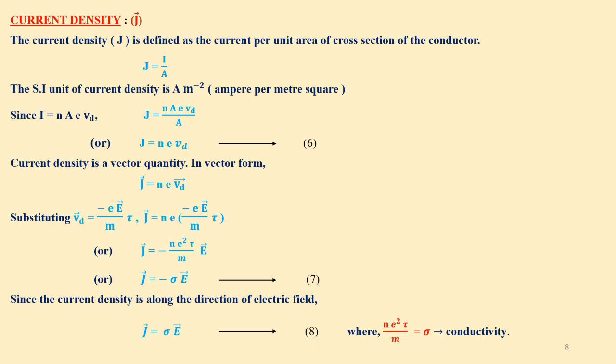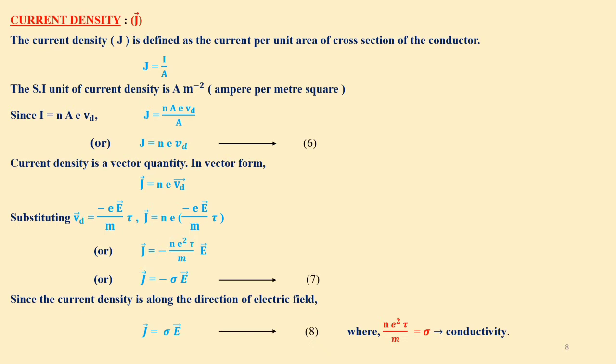This is equation 6, which gives only the scalar or magnitude of the current density. Current density is a vector quantity. In vector form, J vector is equal to n e into Vd vector.